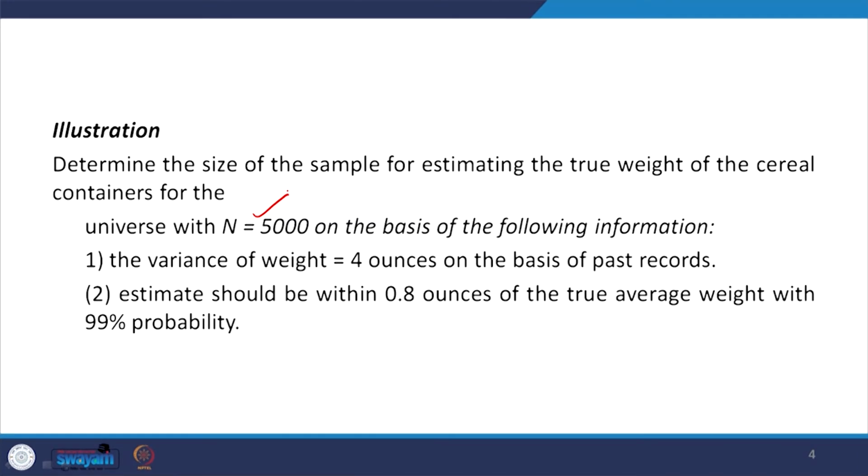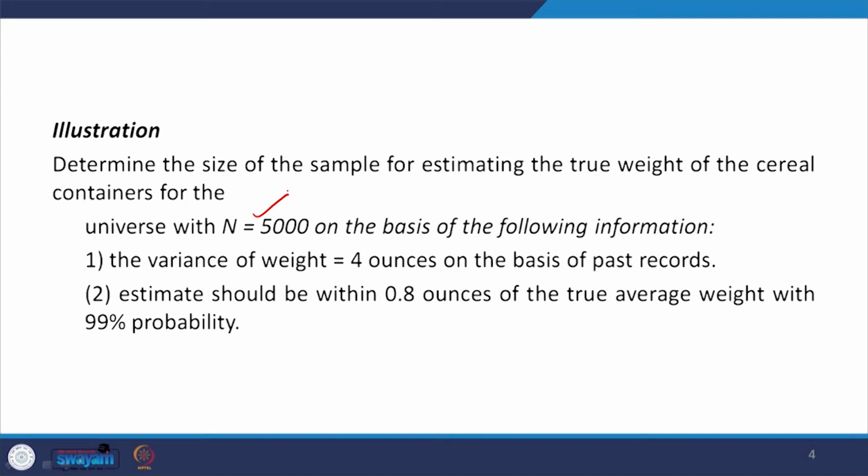And if you allow 0.8 ounces as your estimate to be within 0.8 ounces of the true average weight with 99% probability, that means 0.8 is your margin of error, the acceptable range.